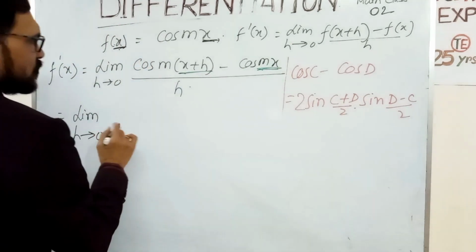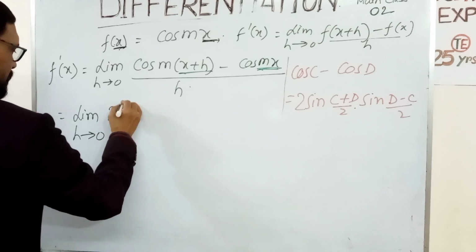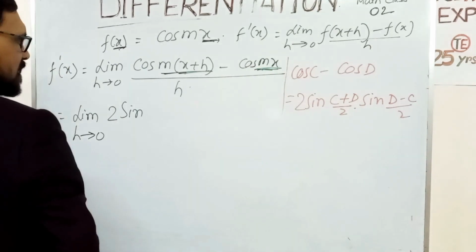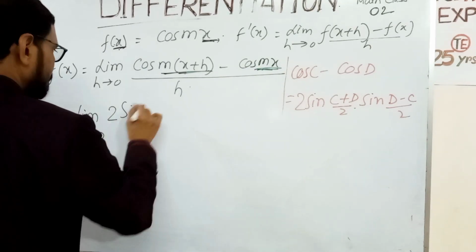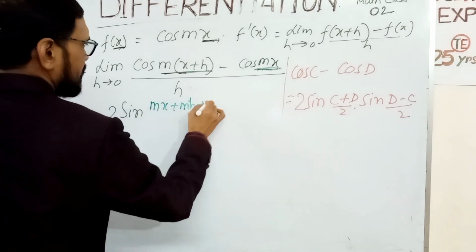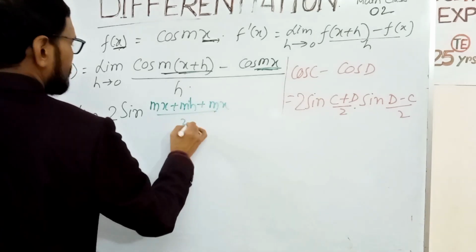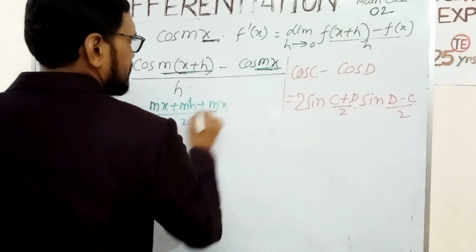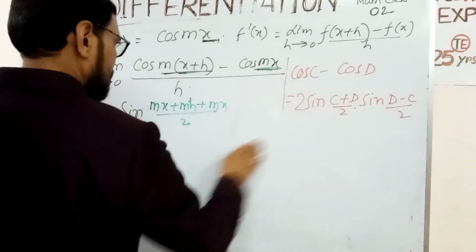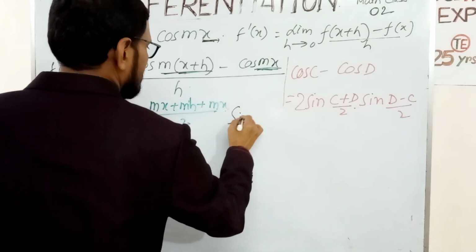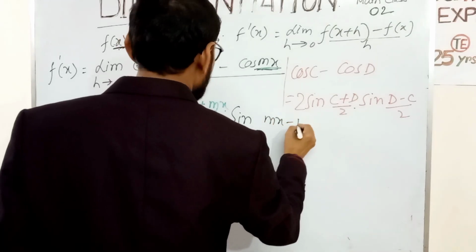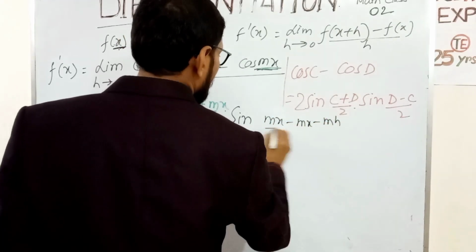So cos c minus cos d will be 2 sin of (c plus d) by 2, that is mx plus mh plus mx by 2, into sin of (d minus c) by 2, that is mx minus mx minus mh by 2.